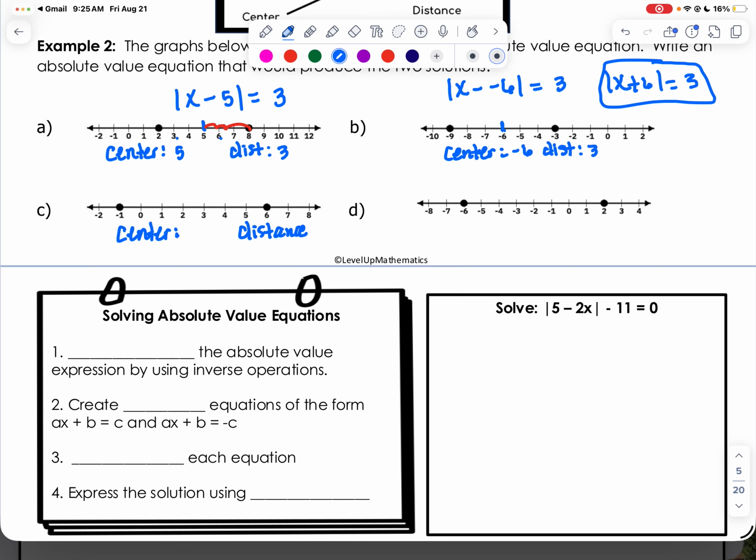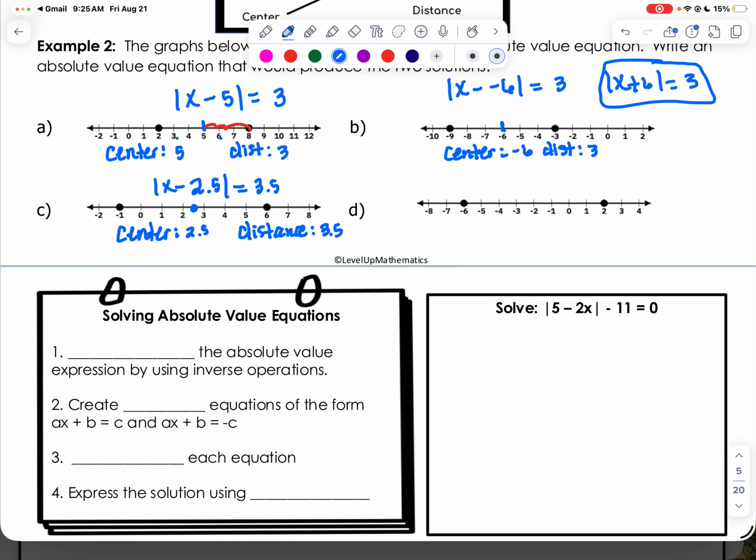So 1, 2, 3.5. My center would be right here at 2.5. And my distance would be 3.5. So my absolute value equation would be the absolute value of x minus 2.5 equals 3.5.